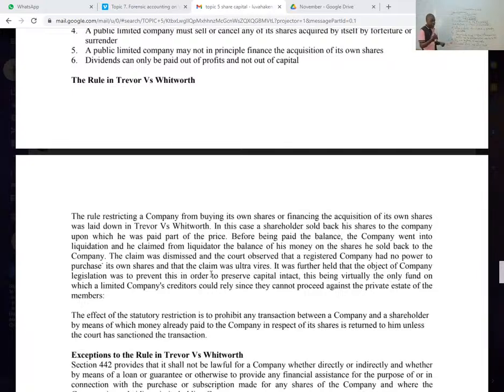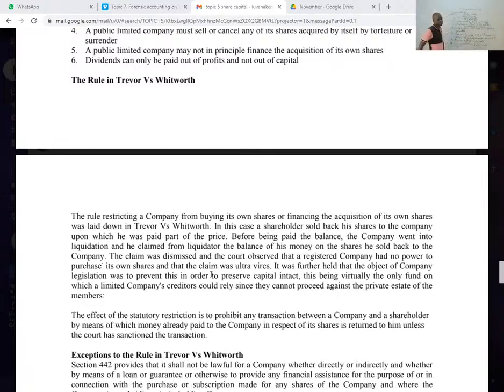So there are two things the teacher has said: purchasing, or financing the purchase. What is to finance? Finance is to give another person money, then he buys the shares of the company. What is purchasing? Purchasing, you directly purchase. Financing is to give another person the money, then he buys the shares of the company.